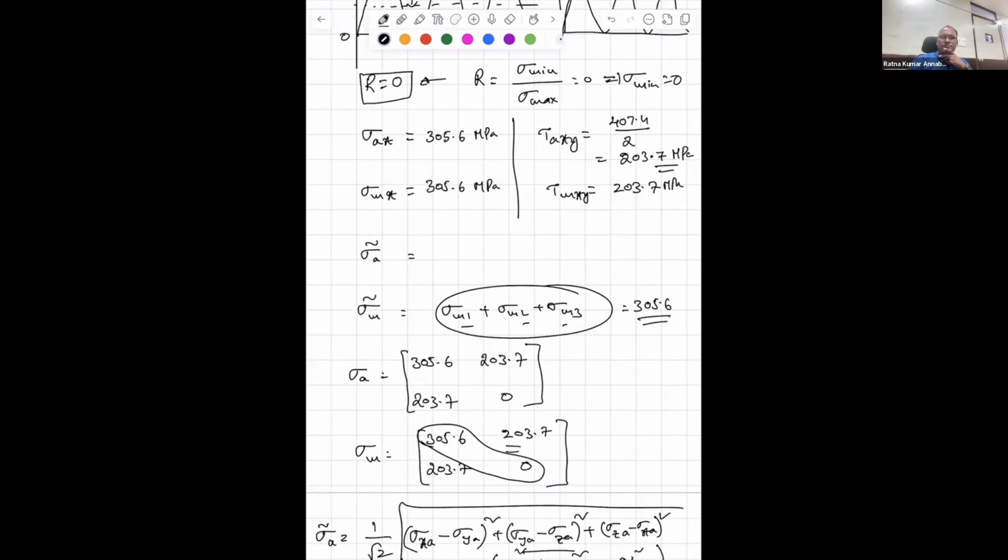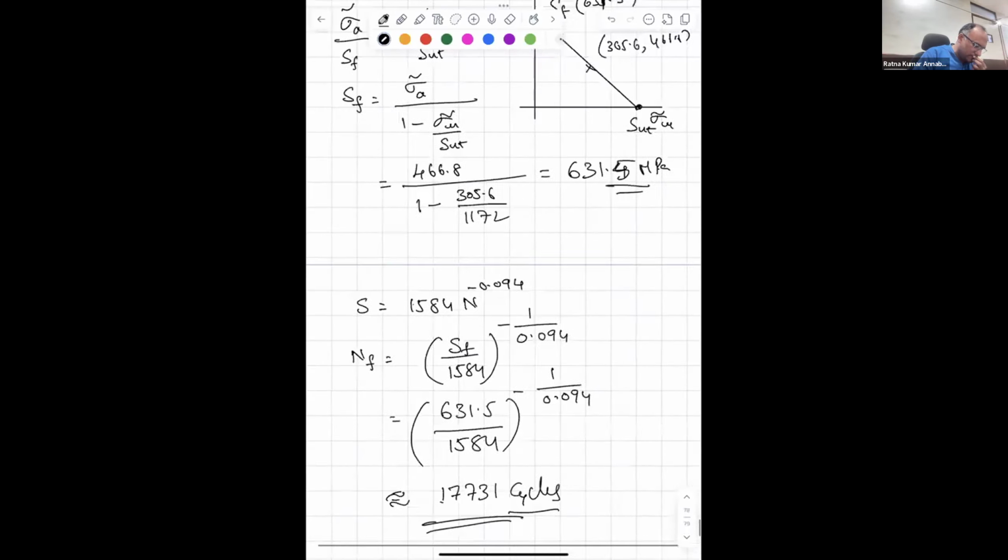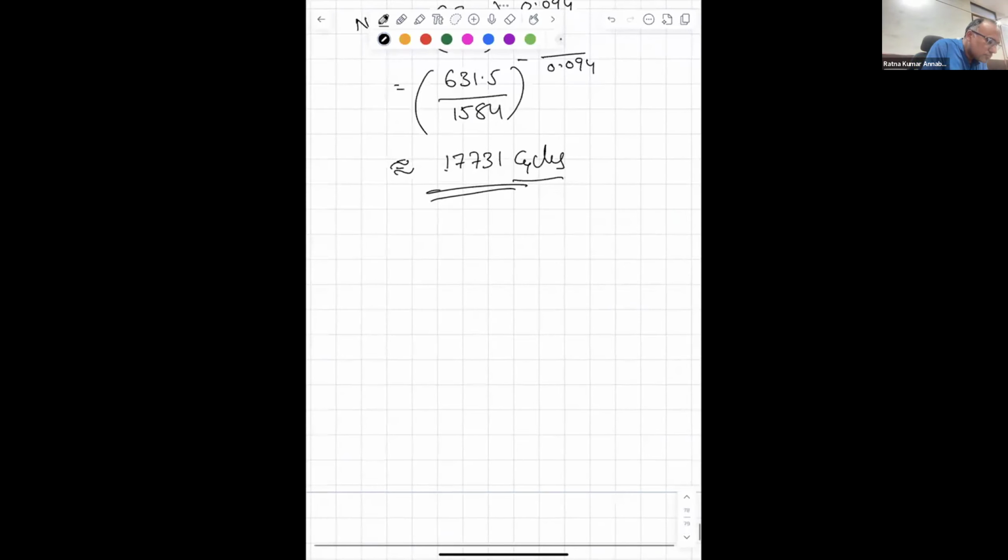Any other questions? So let us try to see what we have learned so far in this course. Let us summarize. First, we have looked at the SN diagram for fully reversed loading. And we have also solved some problems.